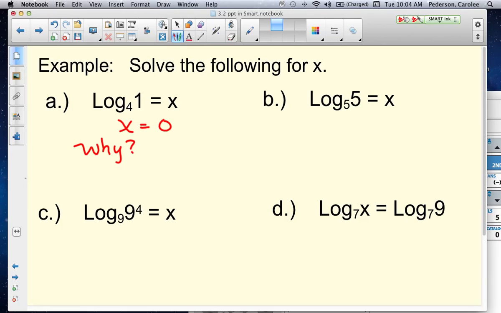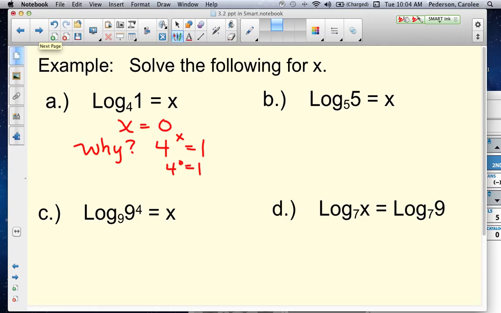I'll just show it to you. If I rewrite it in exponential form, 4 to the x equals 1. What must x equal to get it to be 1? 0. So that's why.